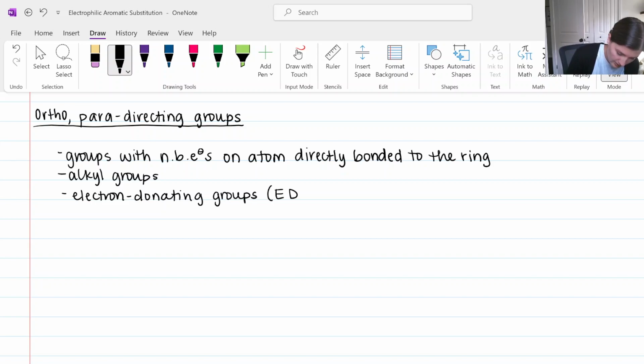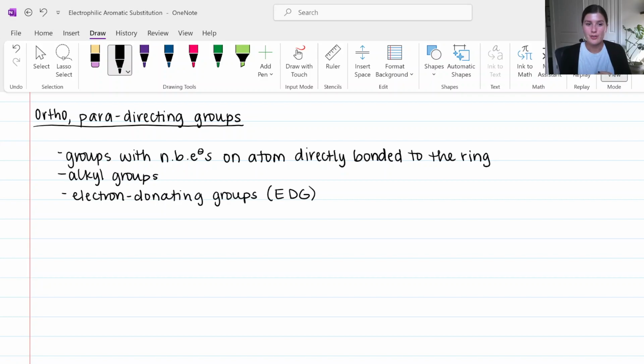Or EDGs. So when we have an electron donating group, that ends up stabilizing the carbocation intermediate only when we do ortho-para substitution.